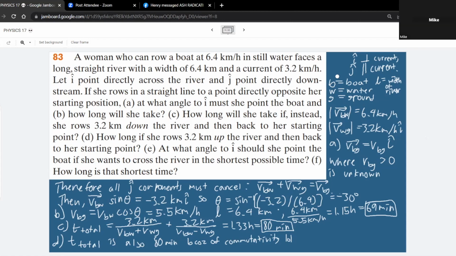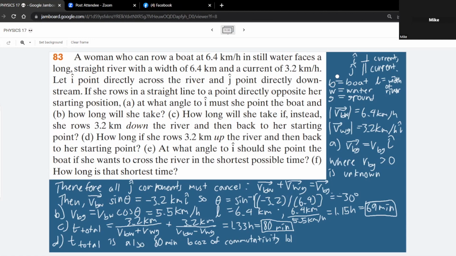Okay, so V sub BW sine theta should be equal to... so it's pointing down, so you should be moving upstream at 3.2 kilometers per hour.